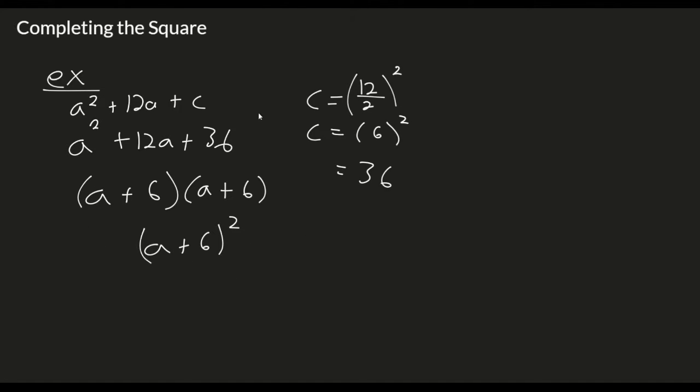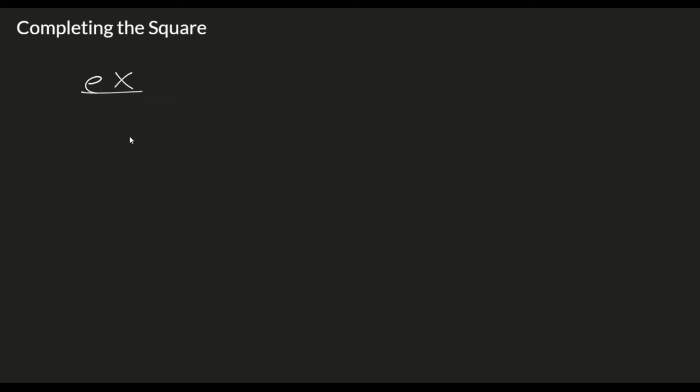I'm going to show you one more example and how you can jump ahead and not have to write these steps. For our final example, let's say we have x squared plus 13x, and we're supposed to complete the square by adding on a c value so that we can write a fully factored form.